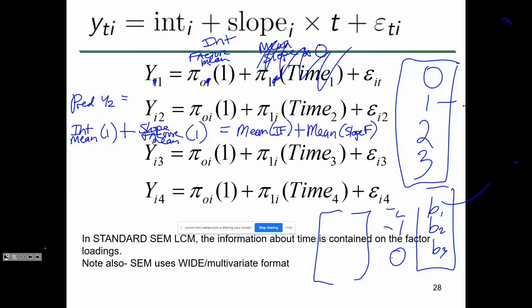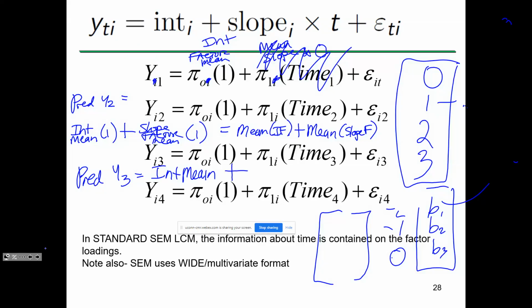And then at time 3, what's it going to be? The predicted value at time 3 is always going to have the intercept mean, which always gets multiplied by 1. That factor loading is always 1, right? So the intercept is just always going in there as the predicted score when time is 0. And then the slope is how that's changing across time.